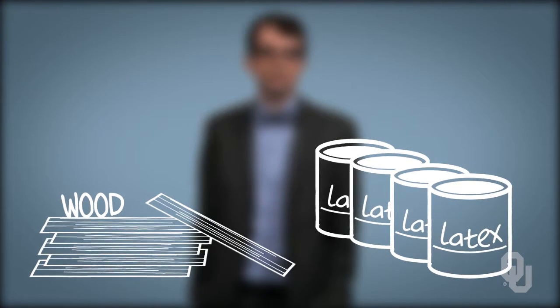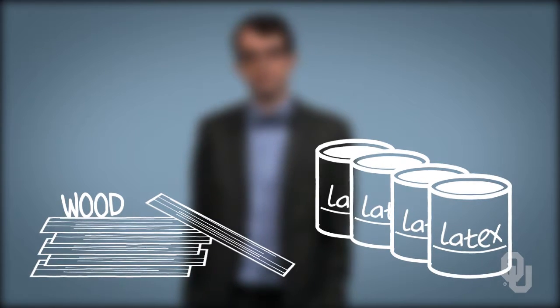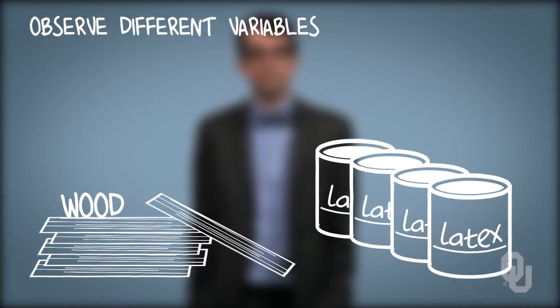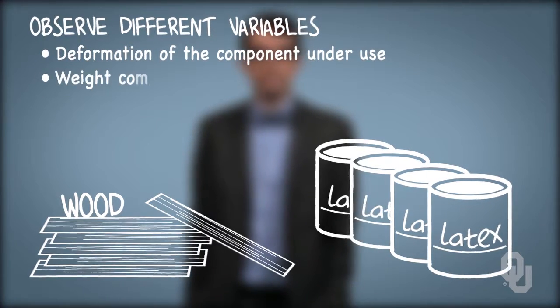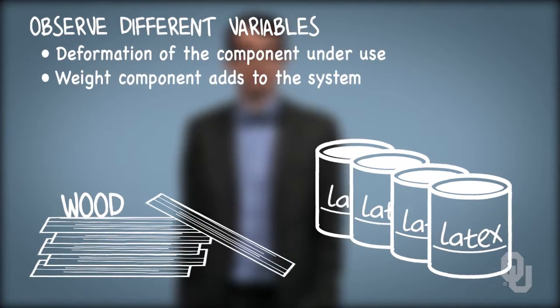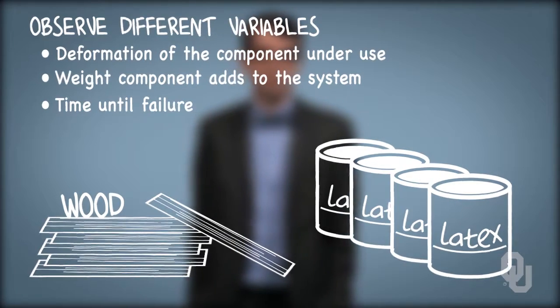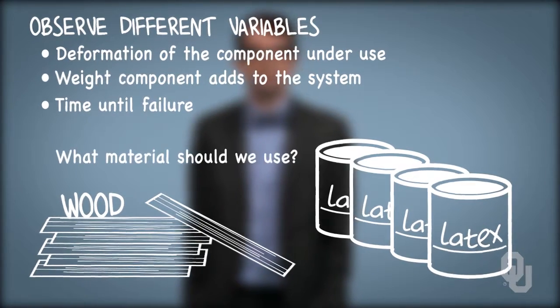We could build that component out of several materials, put them in place in our system, then observe different variables, including the deformation of the component under use, the weight the component adds to the system, and its time until failure, among others. With that collection of quantitative variables, we can draw a conclusion about the qualitative question broadly asked as, what material should we use? As engineers, we should always start with the root question we want to ask, then determine what variables we need to collect to best answer that question.